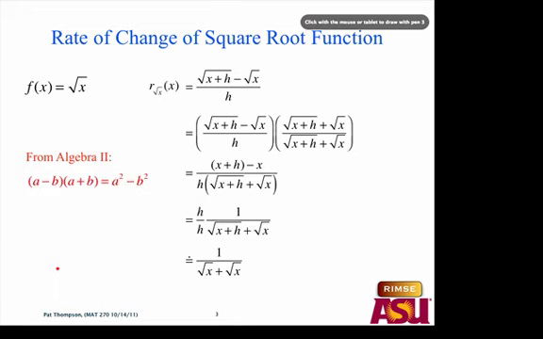And we get 1 over 2 radical x. Okay, do all the steps of that make sense? We found a closed form rate of change function for radical x.